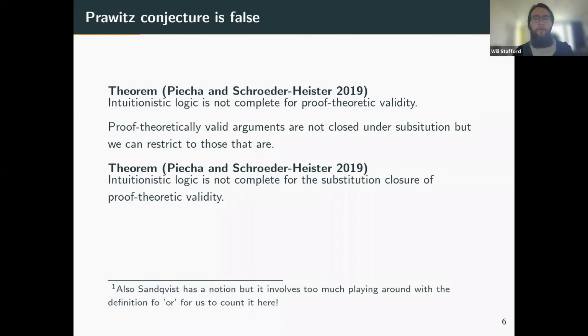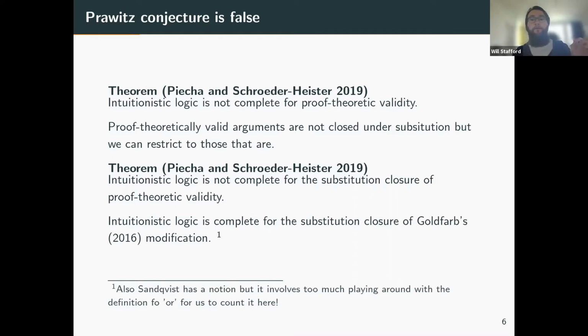Now, proof-theoretically valid arguments aren't closed under substitution, and so one of the early suggestions to deal with seeming failures of Prawitz's conjecture was to instead restrict only to those arguments that are closed under substitution. But Piecha and Schroeder-Heister's result actually shows that this isn't going to work either.